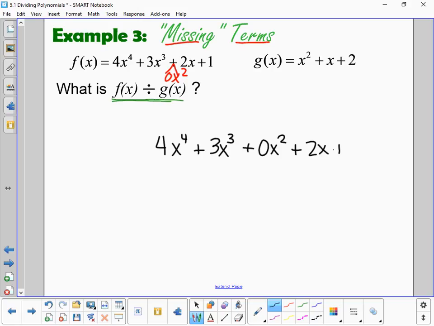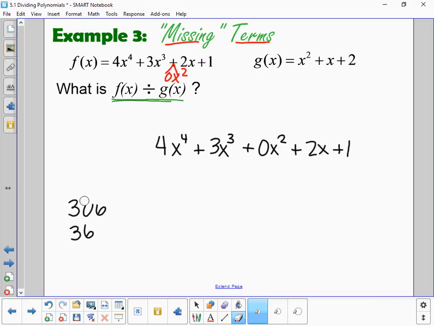Plus 2x plus 1. It's just like the difference between the number 306 and the number 36. That 0 plays a big role. And with the numbers, you literally can't omit it. Sometimes with polynomials, we omit those 0 terms because we don't need them written there. But if you're doing something where you need to hold that place value, you need to include it so that it can hold that spot.